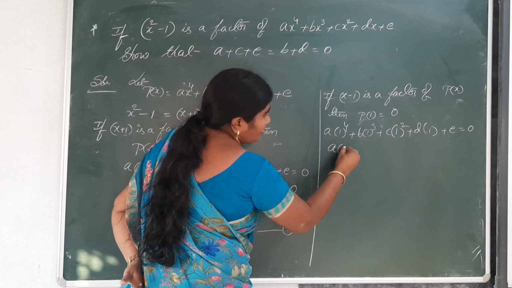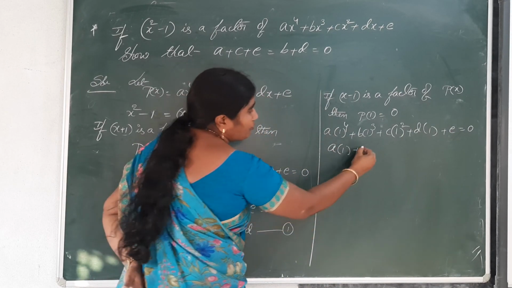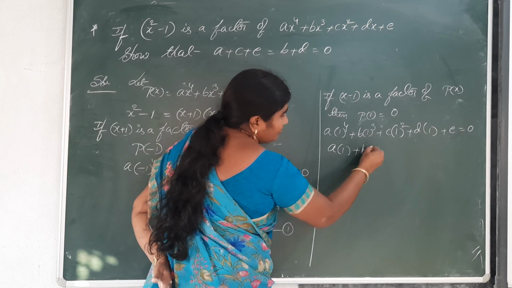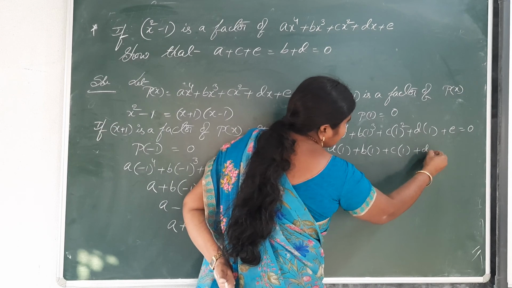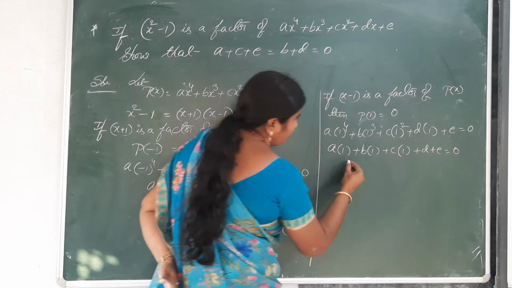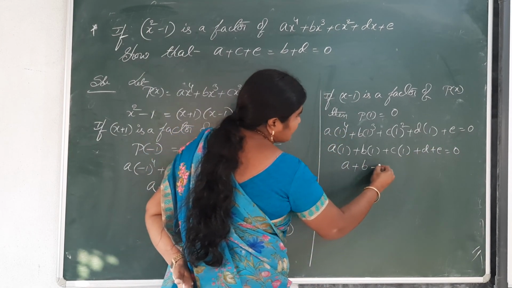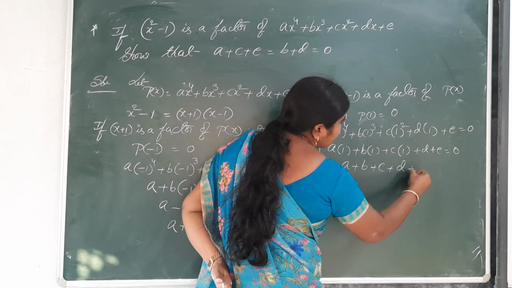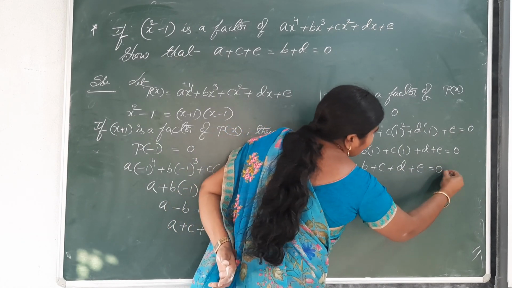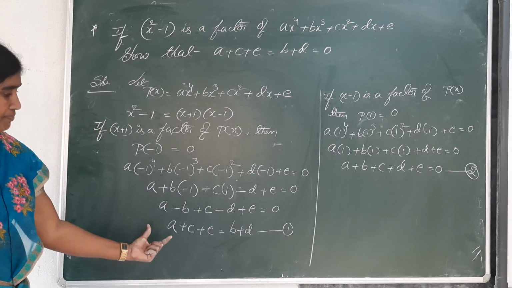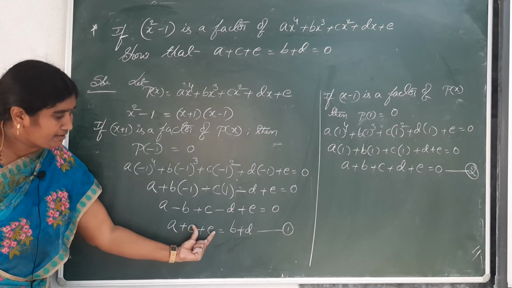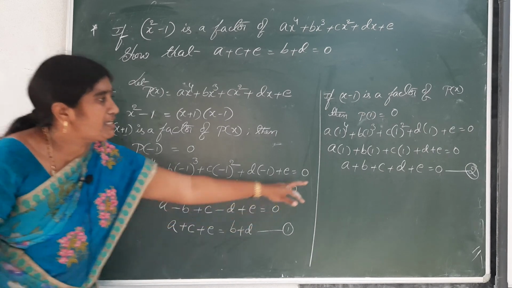A into 1 power 4 is a, plus b into 1 cube, the value is b, plus c into 1 square, the value is c, plus d plus e equal to 0. A plus b plus c plus d plus e equal to 0. This is equation 2. Substitute a plus c plus e equal to b plus d in equation 2.